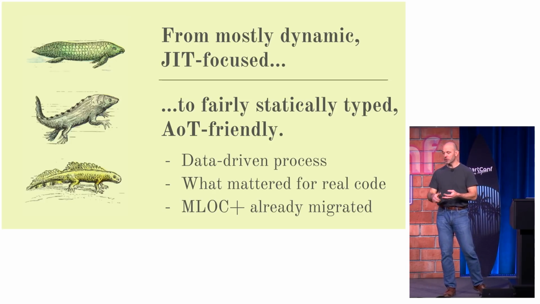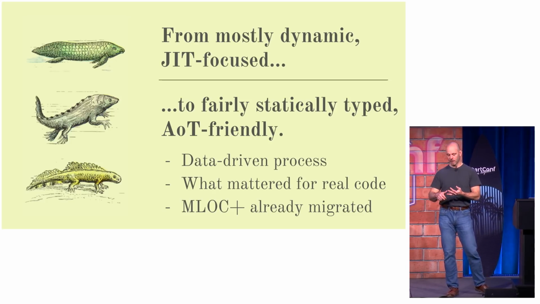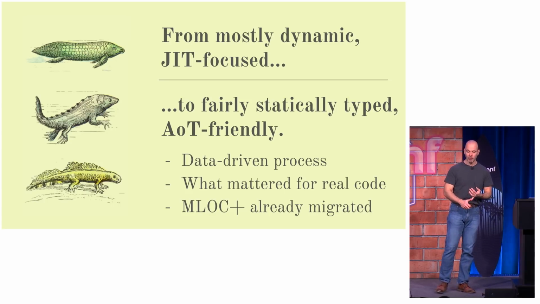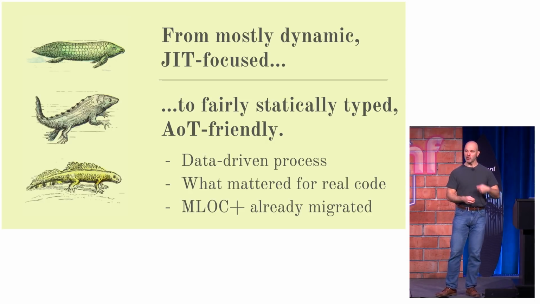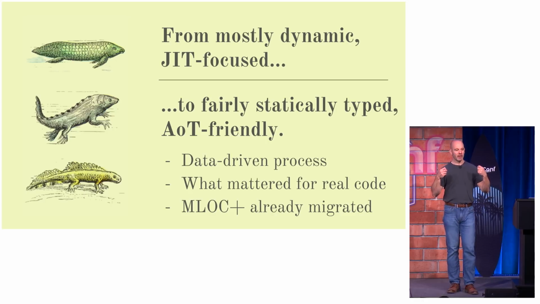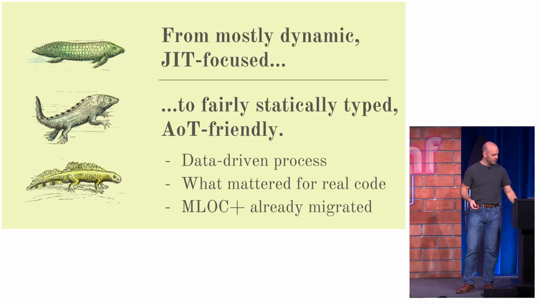We still have hot reload, we still have fast refresh cycles on native and on web. So we've been able to keep the best of both worlds by having a very data-driven process, using information we get by looking at the huge corpus of code that's out there and making sure that we fit what people are actually doing.